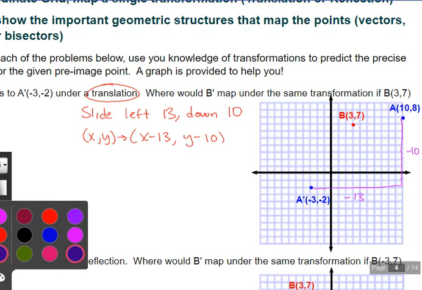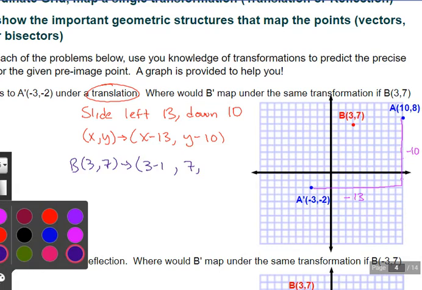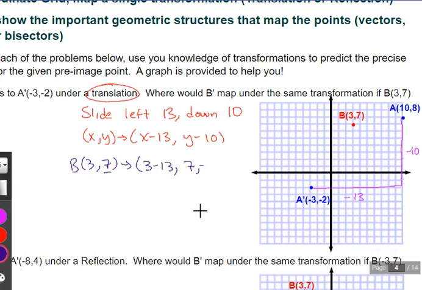B starts at (3, 7), so we take the x value, 3, and subtract 13, and take the y value, 7, and subtract 10. That means our B prime value is 3 minus 13, which is -10, and 7 minus 10, which is -3. Then we can simply graph that.